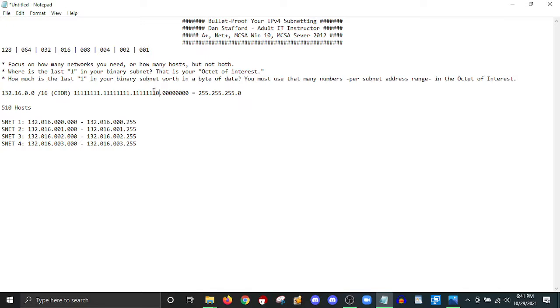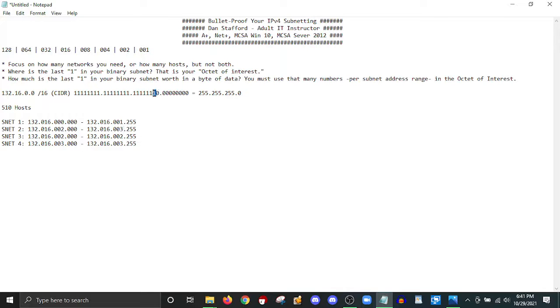Now I just look at where that last one is again. Oh, it's in the third octet and it's worth 2. So now I have to use two numbers in my third octet. 0 and 1, that's 2. 2, 3, that's two numbers, right?